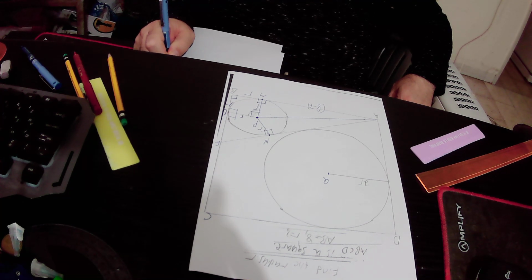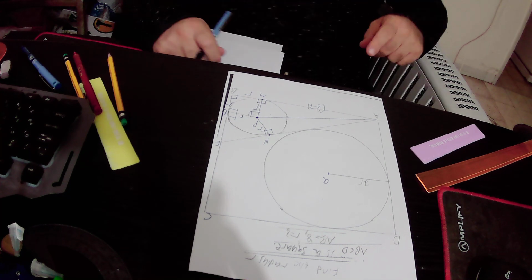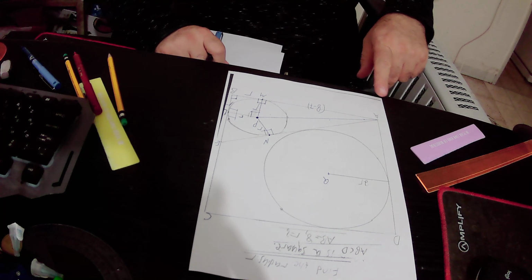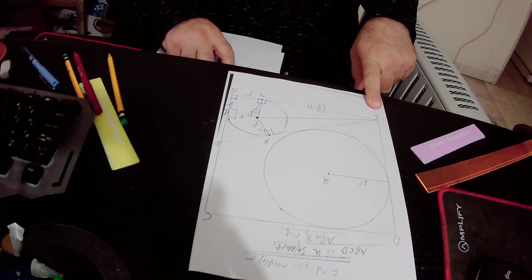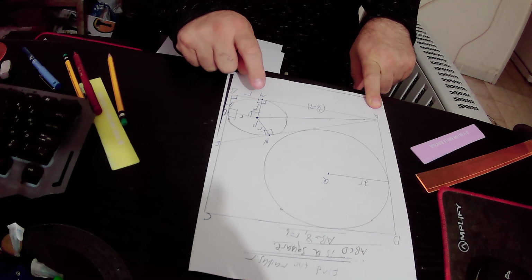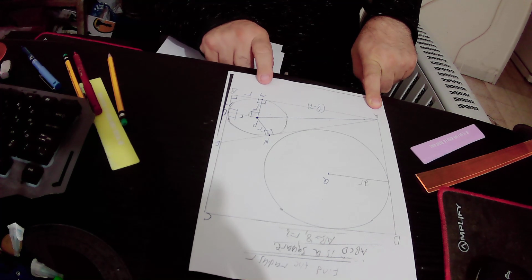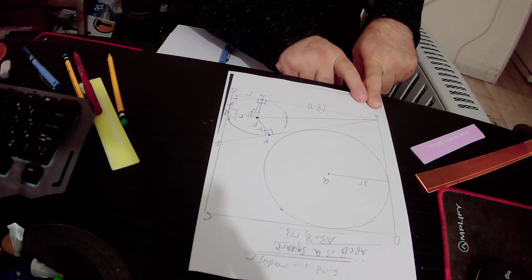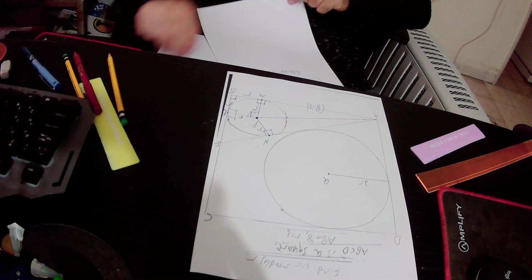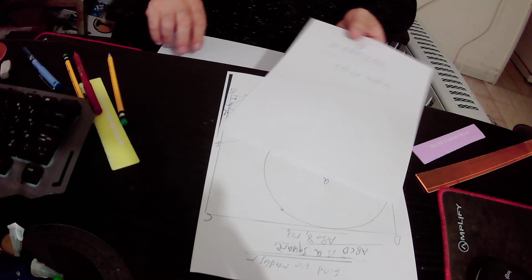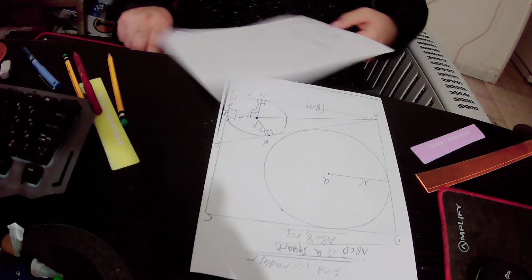According to rule number 2, if you have an external point A, and from external point A you draw two tangents to this small circle, then the lengths of those two tangents are equal to each other. That is to say, AM equals AN according to rule number 2.